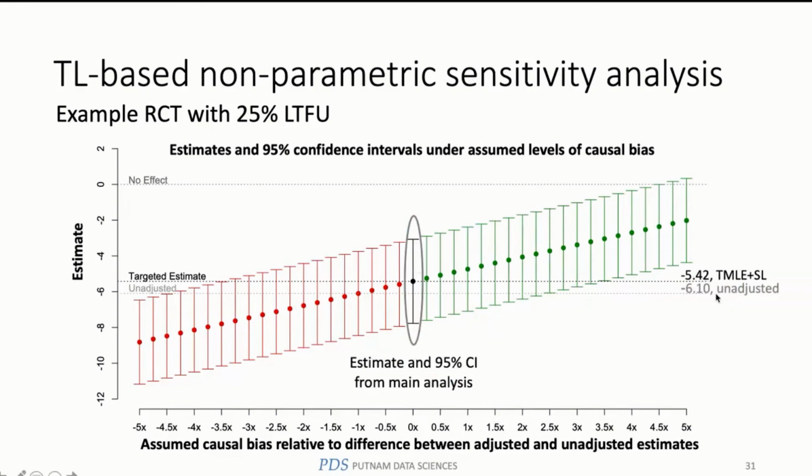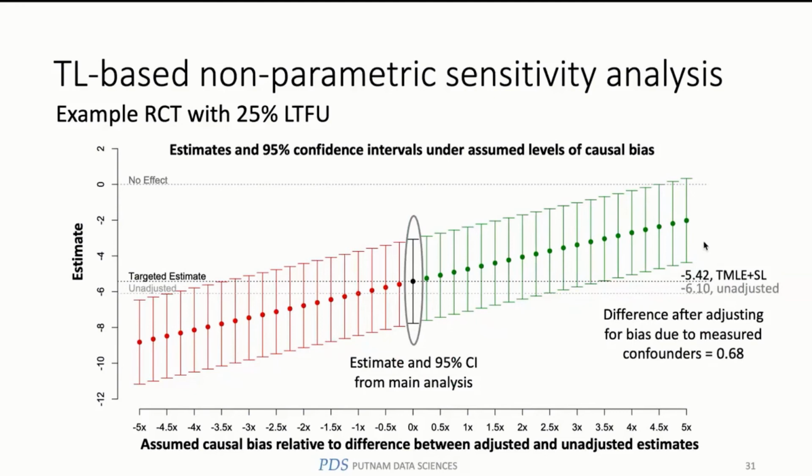The unadjusted estimate in the complete cases was negative 6.1. So the difference, when we did the best we could to adjust for the bias, was we moved this estimate a little closer to the null, by 0.68.